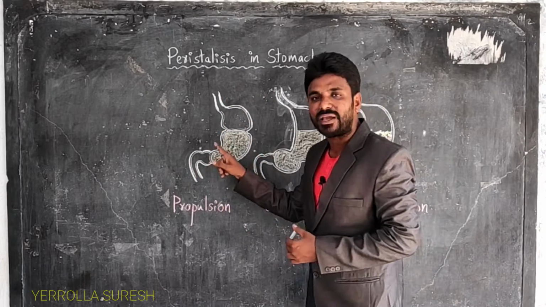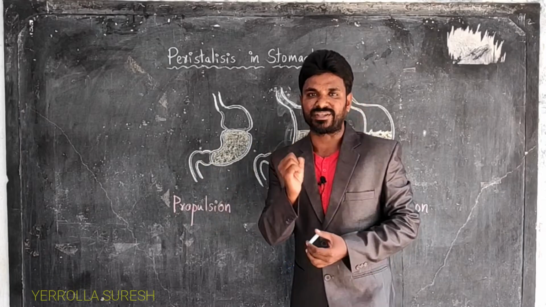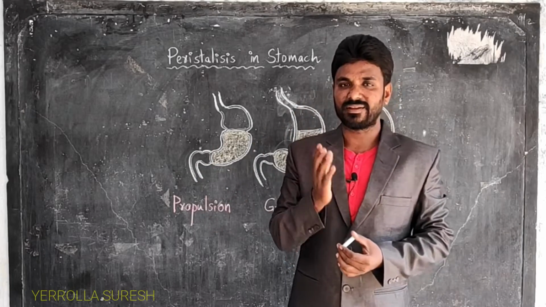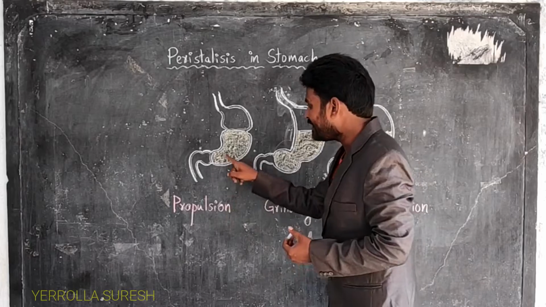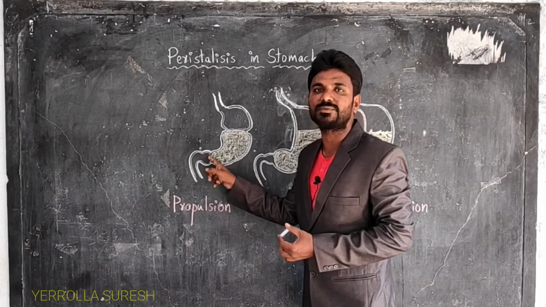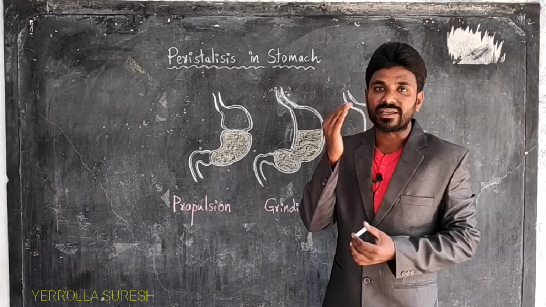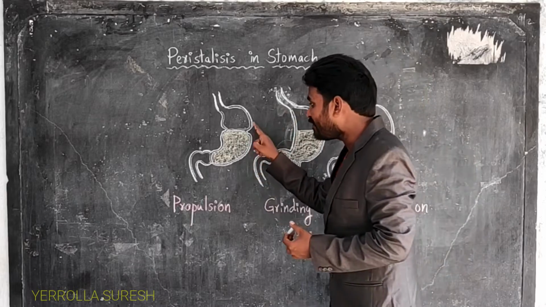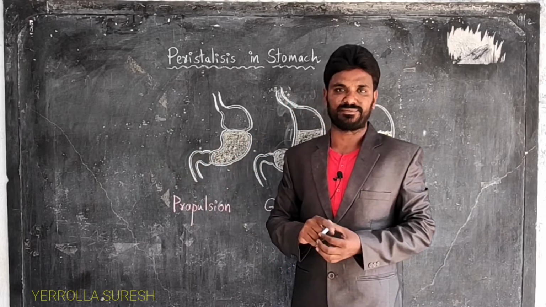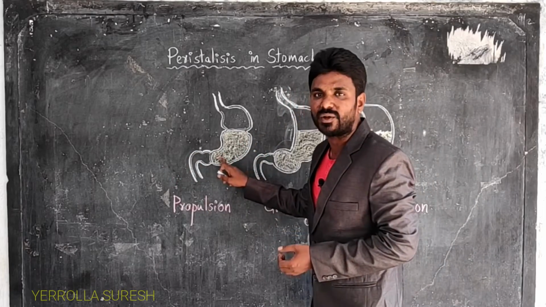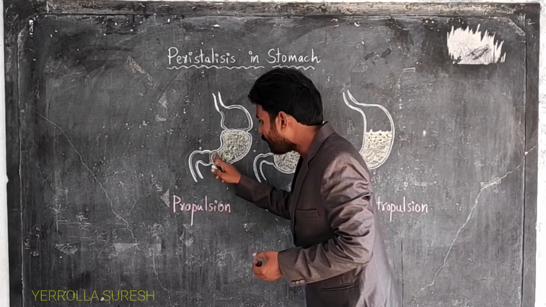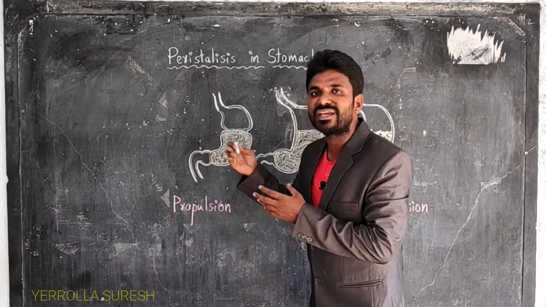At the pyloric stomach there is a sphincter, an opening that can be regulated. The opening's name is pyloric sphincter, which regulates the entry of food material from stomach into small intestine. It is a valve-like structure.